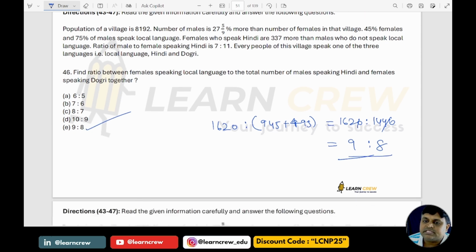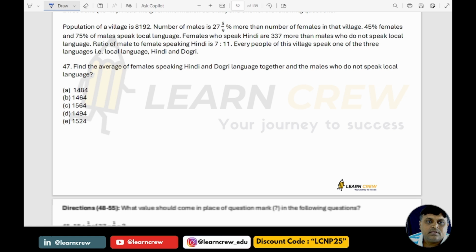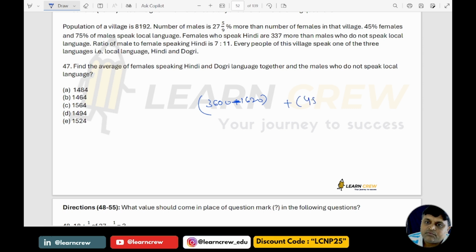Then question number 47. Find the average of females speaking Hindi and Dogri languages together and males who do not speak the local language. Please see here, it is nothing but 3600 minus 1620 plus 4592 minus 3444, divided by 2.